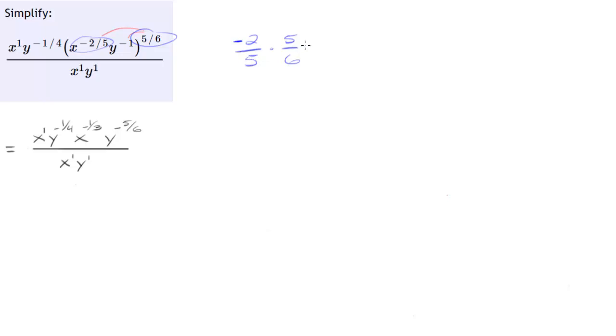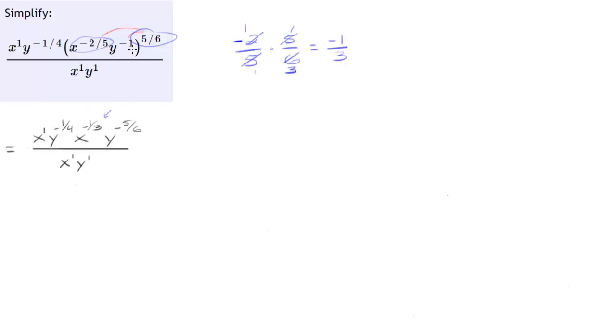I always give it to the numerator. I'm going to cross cancel these fifths, cancel the common factor of 2 between the 2 and the 6, and then multiply those results straight across to get negative 1 over 3, which is where I get this negative 1/3 exponent right here.